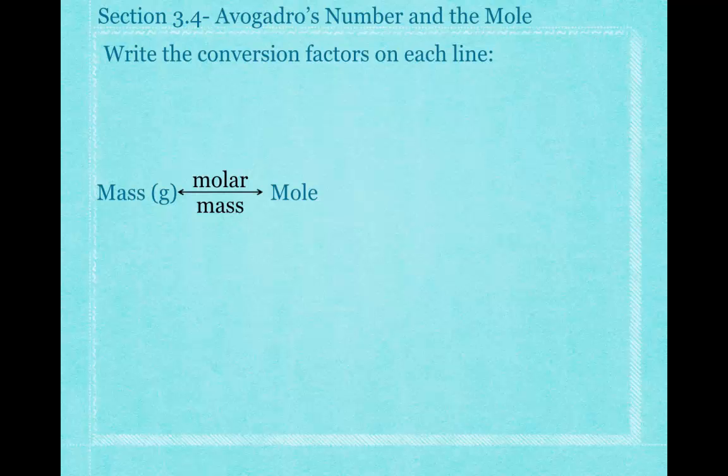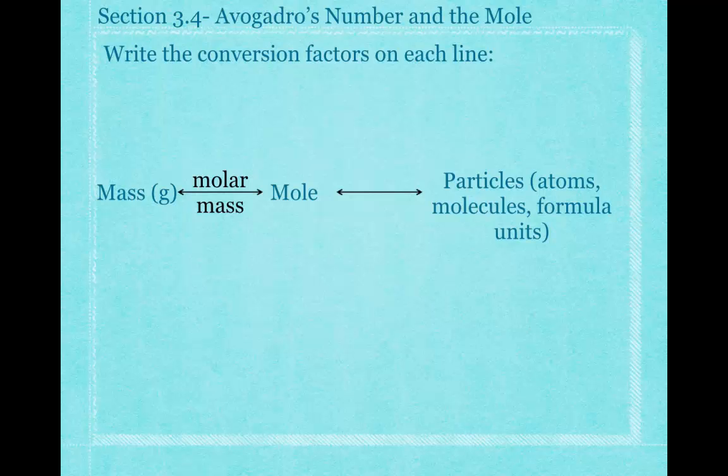I can also convert into particles. Now keep in mind there are three different types of particles that I could be converting into. I can be converting into atoms, I can be converting into molecules, and remember molecules are only used for molecular compounds, not ionic compounds. And finally, I can convert into formula units.